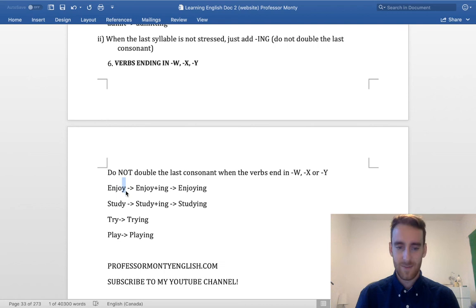Why? Because it ends in Y. Or in Sicilian, picchi. Why? Because it ends in Y. All right, so the same thing when it ends in W, like snow, it becomes snowing. Don't double it, okay. Box becomes boxing. Why? Because it ends in X.